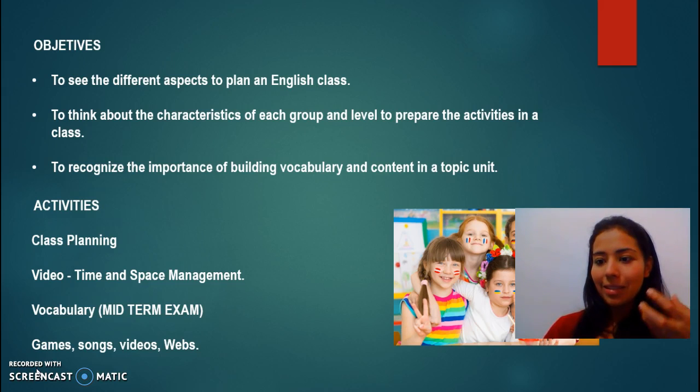This topic is very important, because you need to prepare your class according to the level, the group, the age. And the third objective is to recognize the importance of building vocabulary and context in a topic unit.